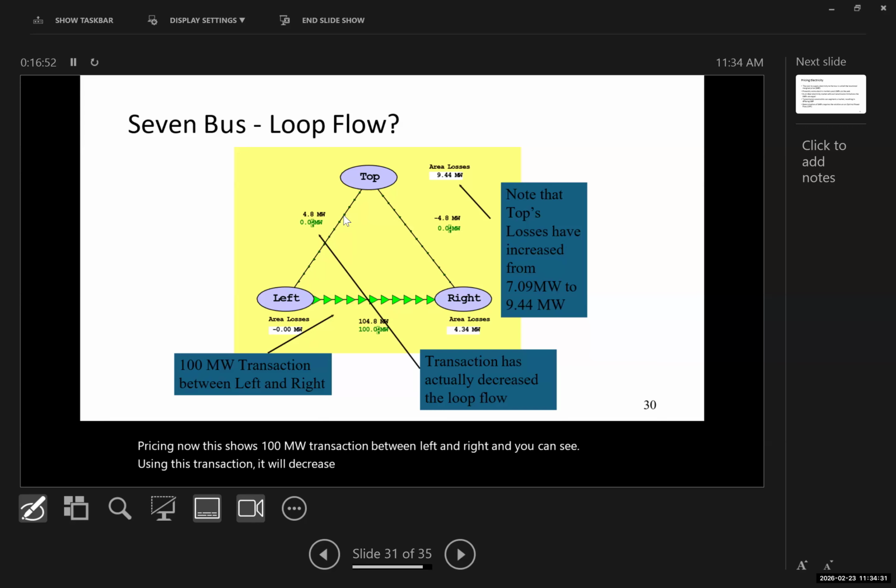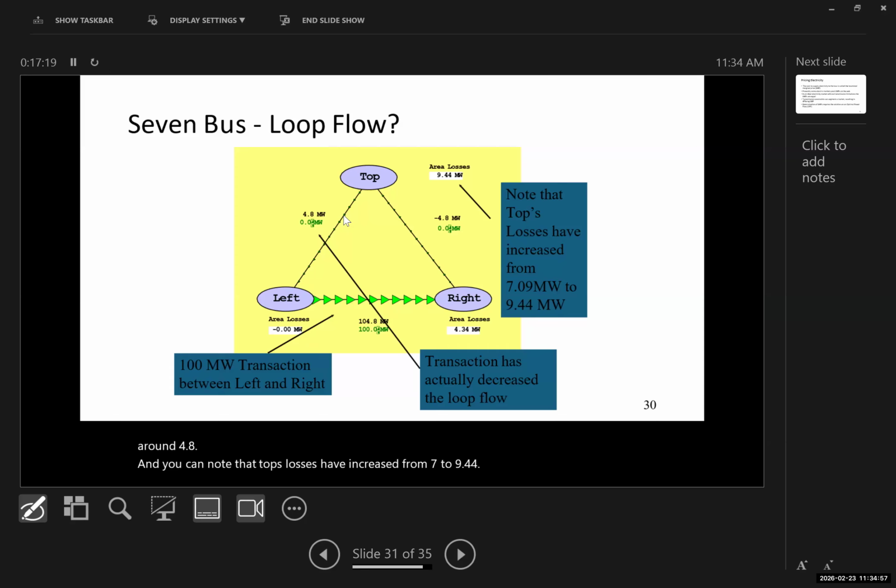So if I have more power going from left to right, instead of 40, I have 100, then the total power transferred from the top to the left is going to decrease from 40 to around 4.8. And you can note that TOP's losses have increased from 7 to 9.44.